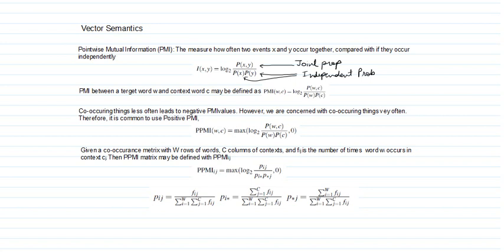So we may generally use the positive pointwise mutual information. Positive pointwise mutual information means that we will only consider those PMI values that are positive, right?